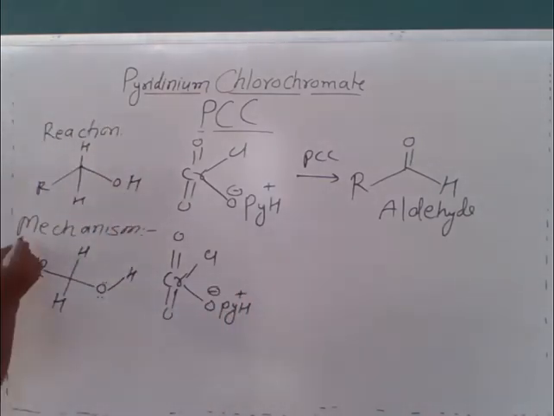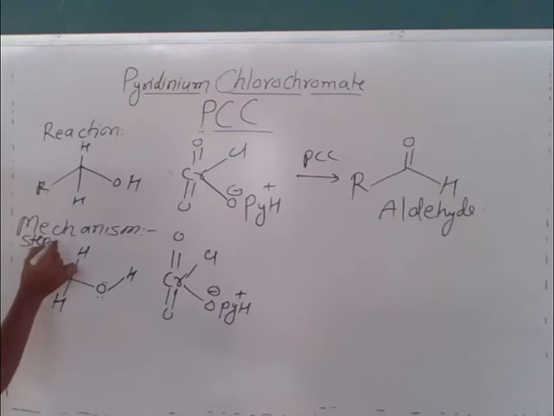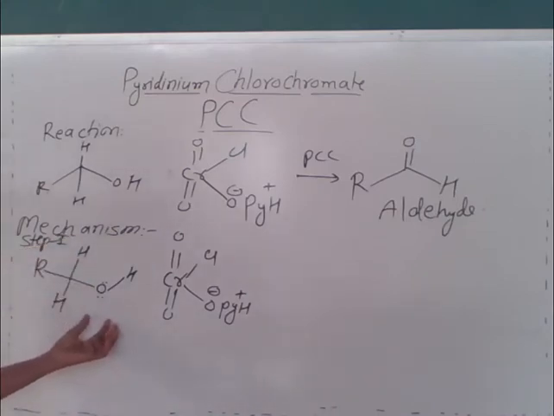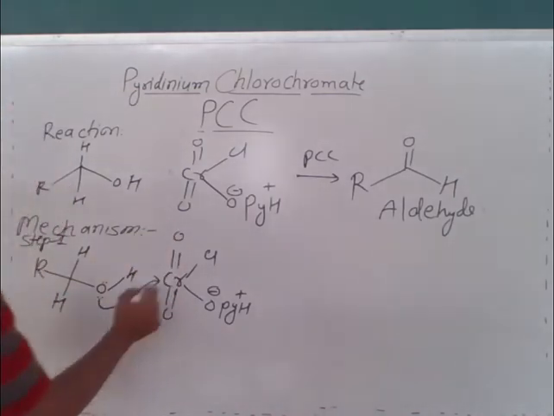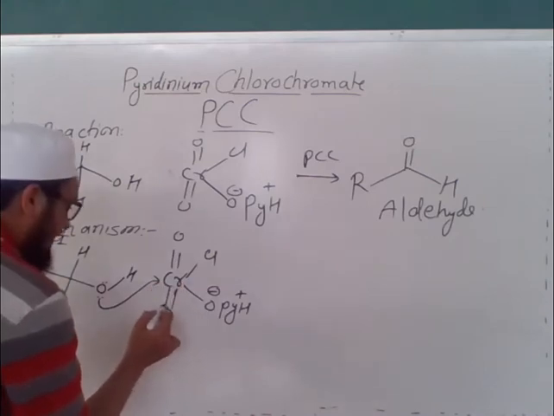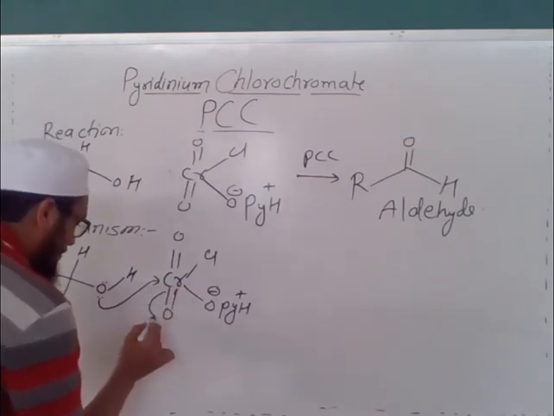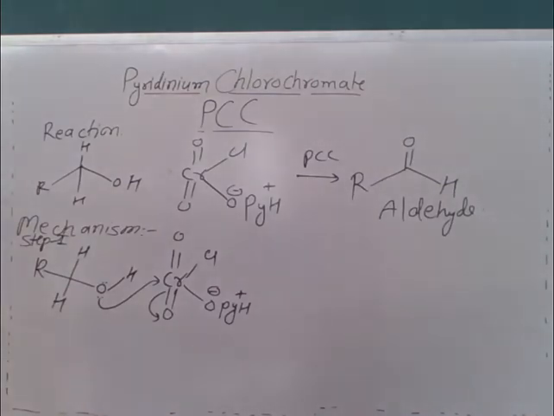So, in the first step, step 1, what will happen? This hydroxyl group will act as a nucleophile and it will attack the chromium. And this chromium-oxygen double bond will shift towards oxygen.